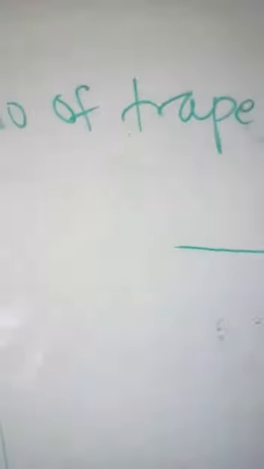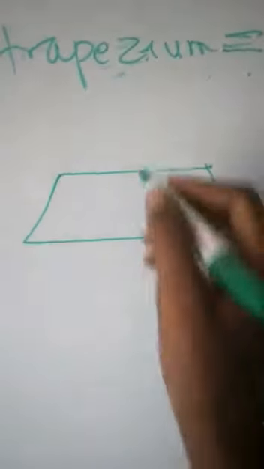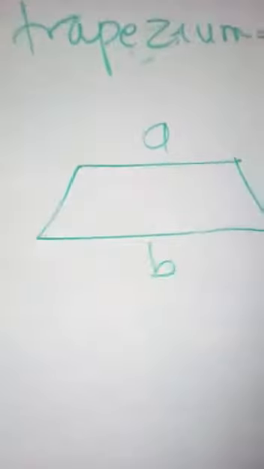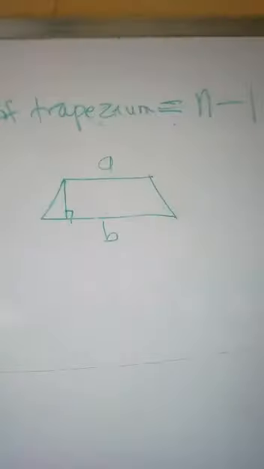Generally, the area of a trapezium is half the sum of the parallel sides times the perpendicular distance.